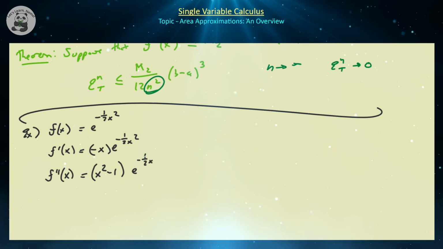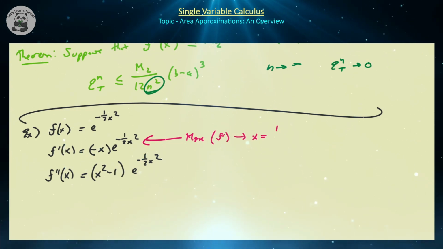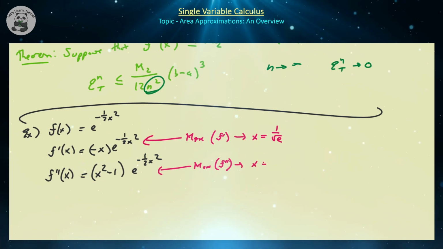One can find that the max of the derivative f prime occurs at x equal to 1 over the square root of e, and one can show that the max of f double prime is 2 over e to the 3/2. Again, those are going to be your least upper bounds for f prime and f double prime. If you know them, you can choose them to be your m1 and m2.